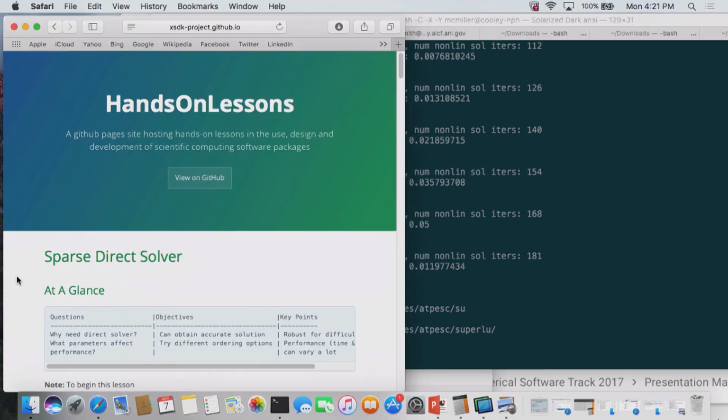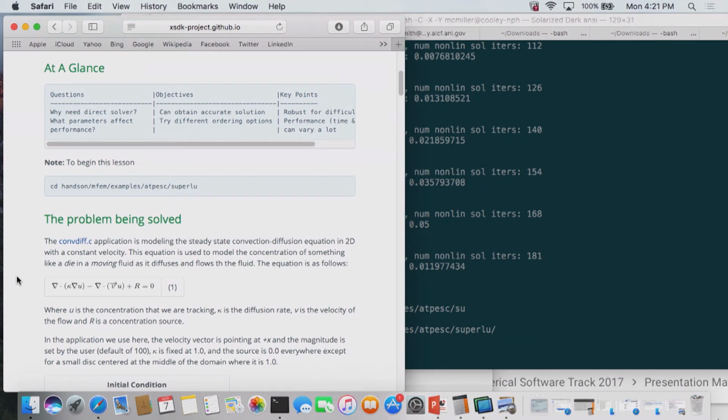Okay, so again, we're going to use MFEM as a demonstration vehicle for some of the features that Sherry was talking about in SuperLU in this case. We're using this application, convection diffusion, convdiff, that should say .cpp there.